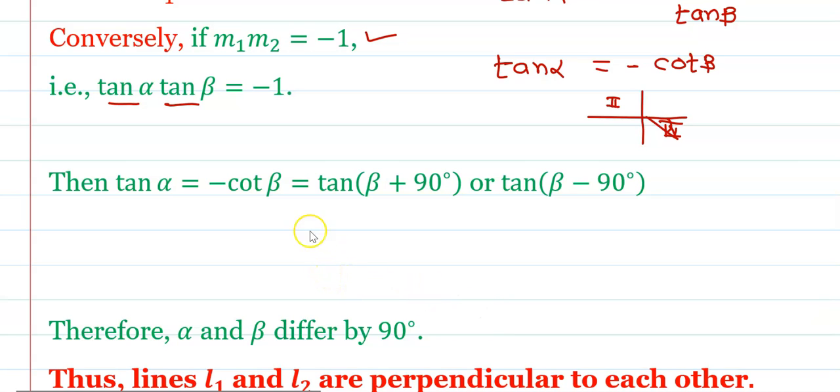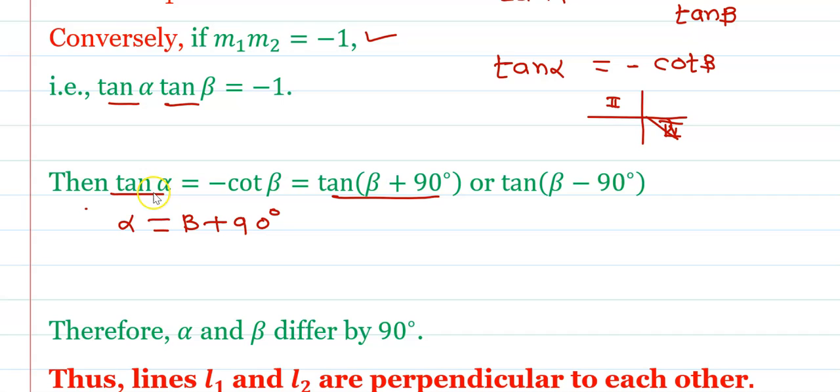And it implies that, from tan of alpha equal to tan of beta plus 90, I can write alpha is equal to beta plus 90.